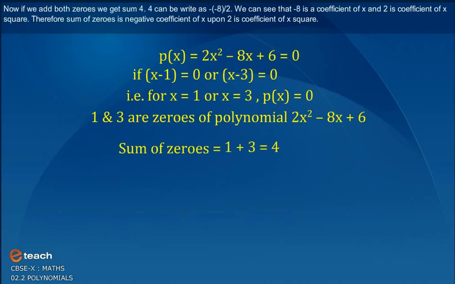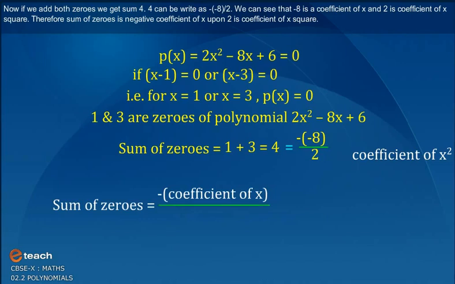Now, if we add both zeros, we get sum 4. 4 can be written as minus into bracket minus 8 divided by 2. We can see that minus 8 is the coefficient of x and 2 is the coefficient of x square. Therefore, sum of zeros is negative coefficient of x upon coefficient of x square.